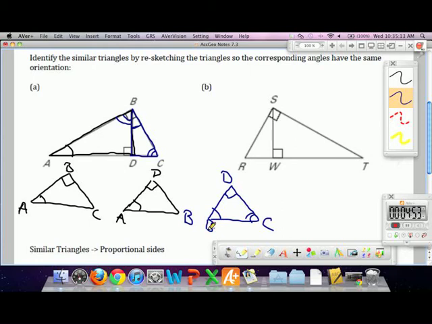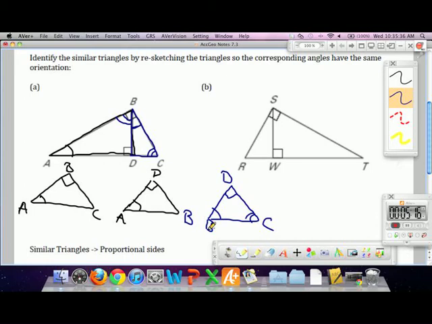By rewriting these smaller triangles in the same orientation as the larger one, we've really made writing our similarity statements and identifying the similar triangles pretty easy. Because now we have the similar triangles all in the same spots. So if we need to write a similarity statement, recall that we label the triangles so the corresponding vertices are in the same spots.